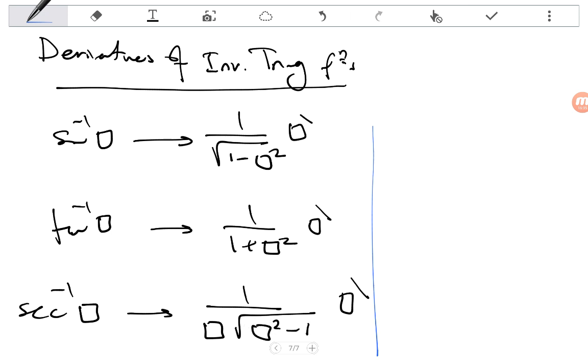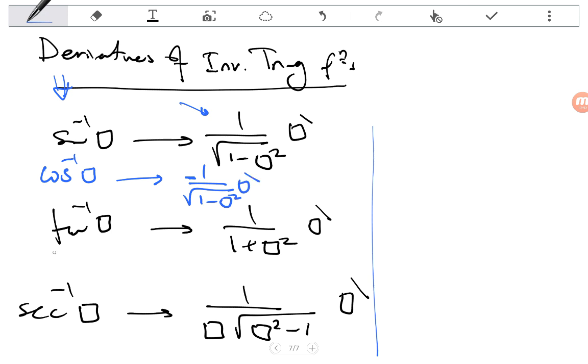Now you can tell me, what about the cosine inverse, the cotan inverse, the cosec inverse? Remember, each of these doesn't have a co. If I make the relation with cosine inverse, it will be exactly like the sine inverse one, but with a negative sign.